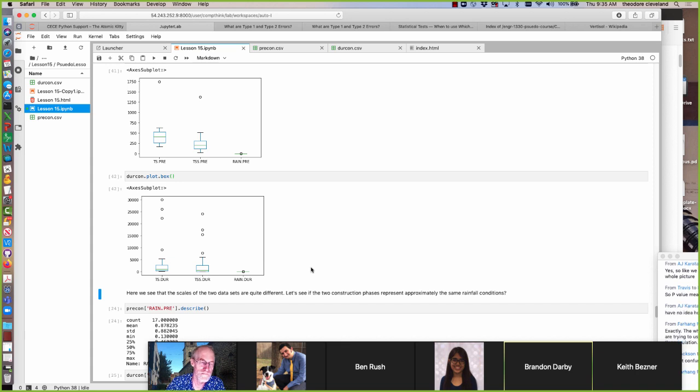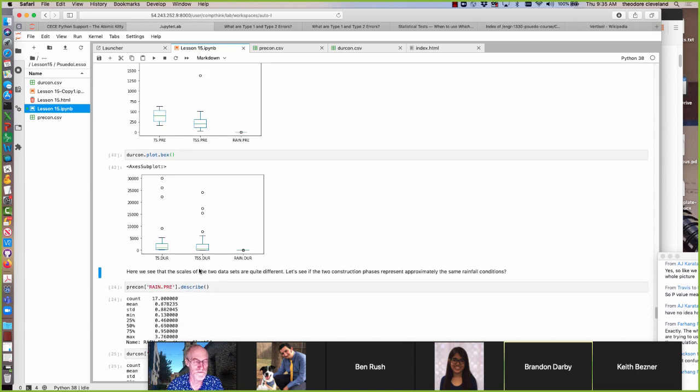In the bottom one, the TSS during construction seems to be to one side. Yeah, good observation. Same thing with the total solids, actually. In the pre-construction, there is asymmetry, but not nearly as evident as in the during construction.